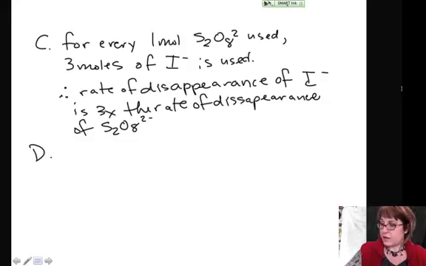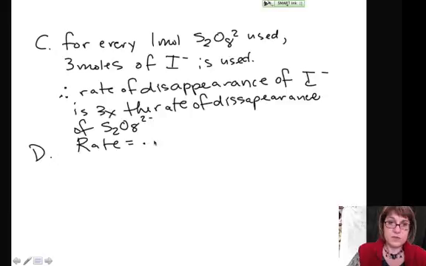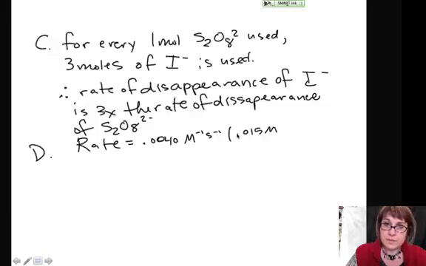So we just take our rate law where we said that the rate is going to be K with a value of 0.04 per molar per second times the concentration of thiosulfate, we were given 0.015 molar, and the concentration of the iodide.